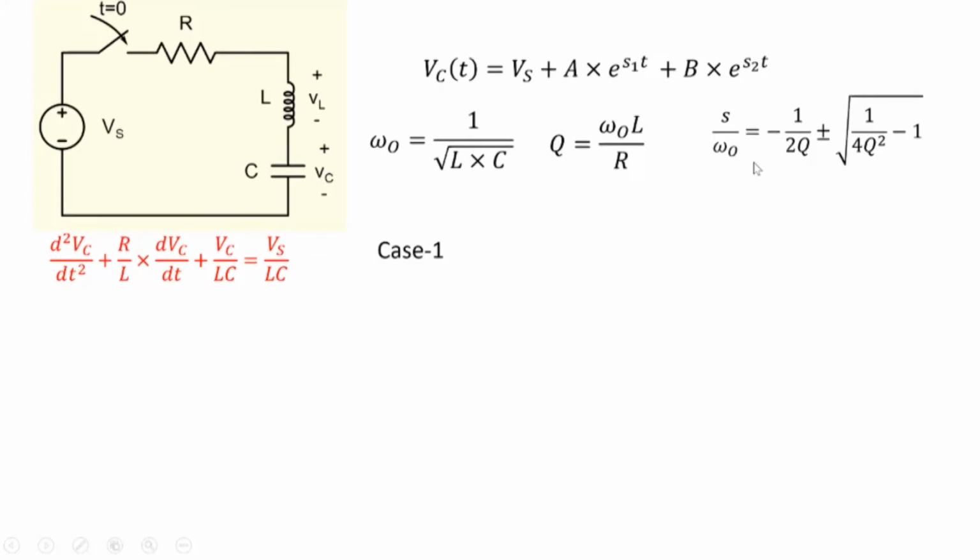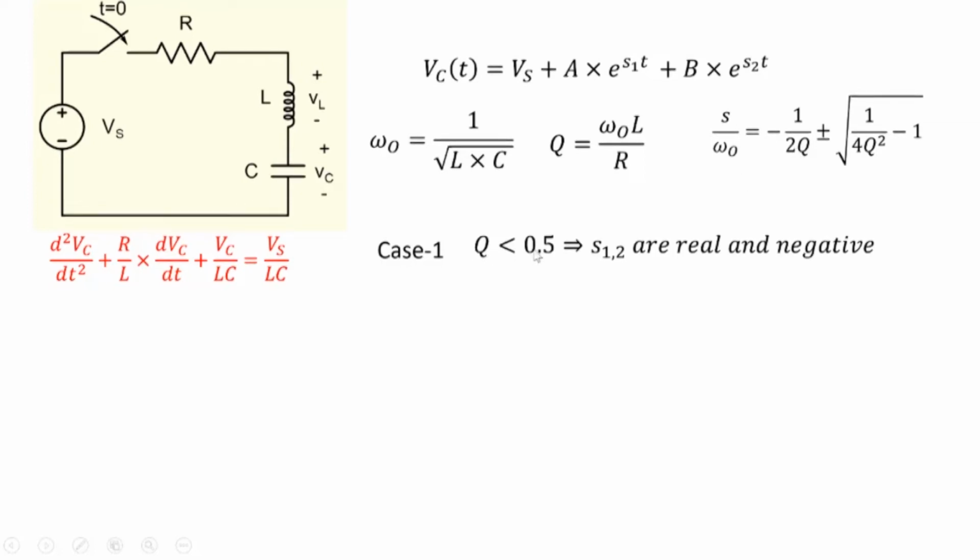Okay, so let's look at case number 1. We have deliberately gone quickly over the maths part of it. If you have some doubts here and there, you can read a little more about second order differential equations and how their solution is obtained. Case number 1 is where Q is less than 0.5.